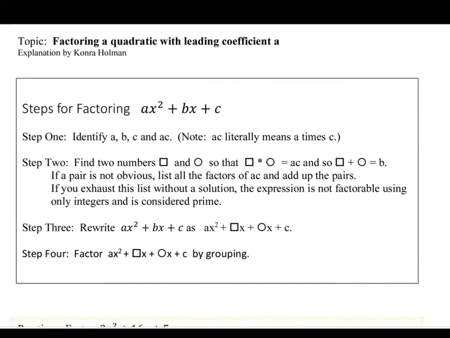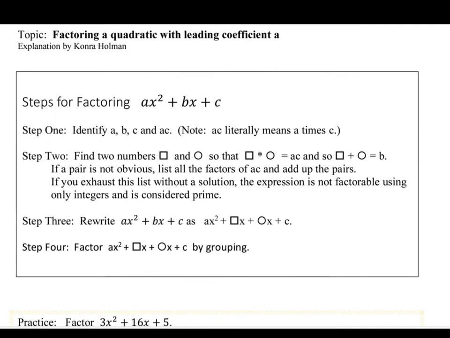So our step one is that we are going to identify 4 different things. We need to be able to identify what A is. So A is the number in front of the x squared. Don't include x squared. B is going to be the number in front of x. And C is going to be the constant term.